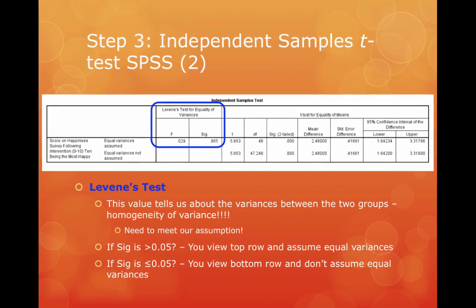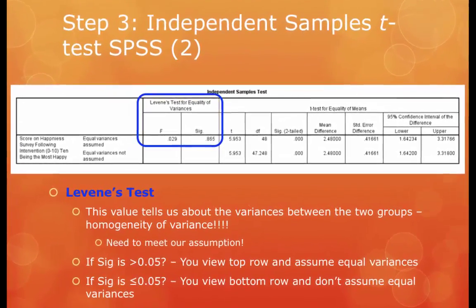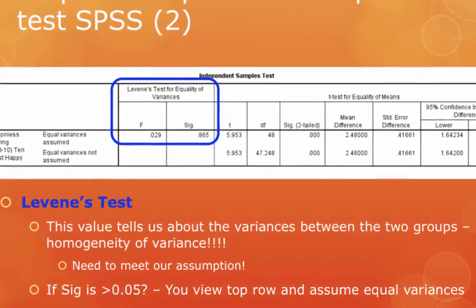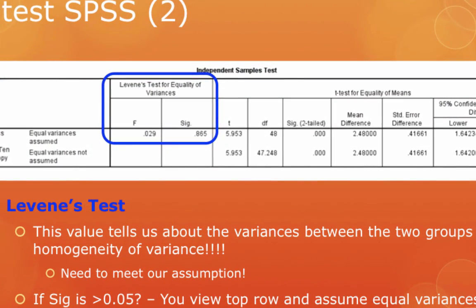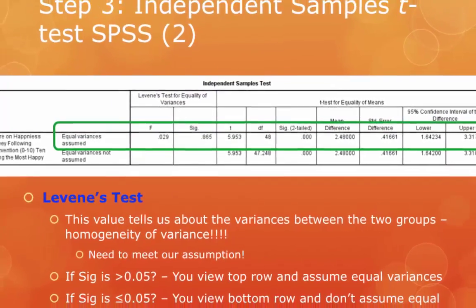Levene's test is the first step in order for us to determine and make a decision using SPSS output. We have to determine whether or not we're looking at the top row or bottom row of our t-test. So in this case, because our p-value for Levene's test is greater than 0.05, we're going to assume equal variances and look at the top row.